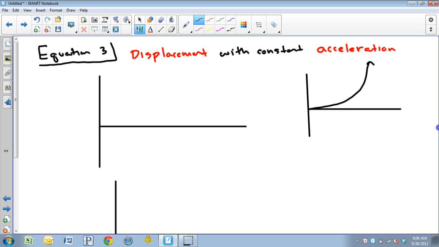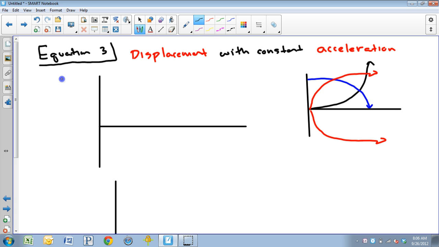It could also look something like this, where it started off and it's going much, much slower. We could also have something where it started off very fast and then slowed down. Or we could have something where it started off very fast in the negative direction and then also slowed down. Okay, so we've got these 4 different possibilities for what the displacement graph looks like.